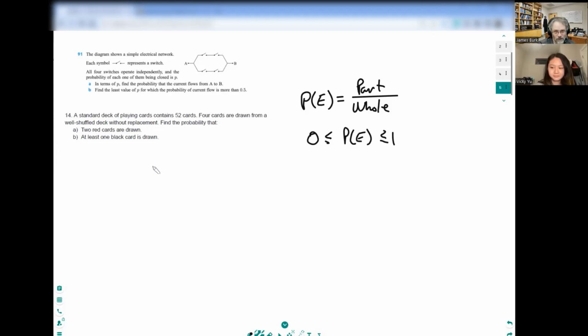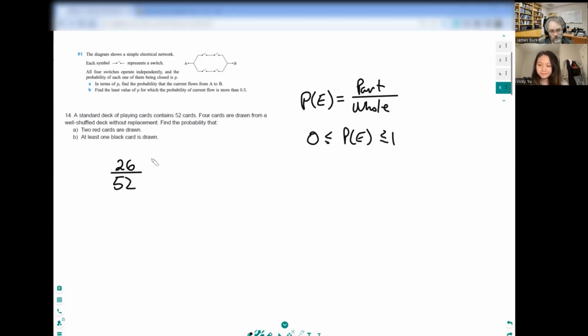Now, when I go about this, there's 52 cards. What's the probability that the first card is going to be red? 1/2. Okay, you can think of it as 1/2, but let's think about it in a little bit different limelight. Part over the whole. There's 26 cards to choose from out of 52.